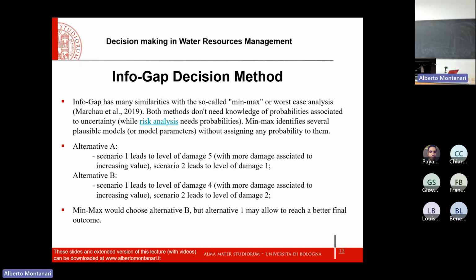I'm just looking at the worst case, and I want to minimize the worst damage. So I select alternative B. I'm not looking for opportunities.